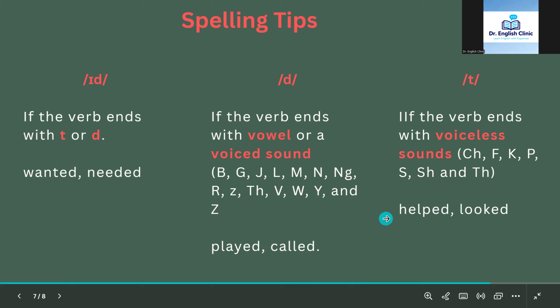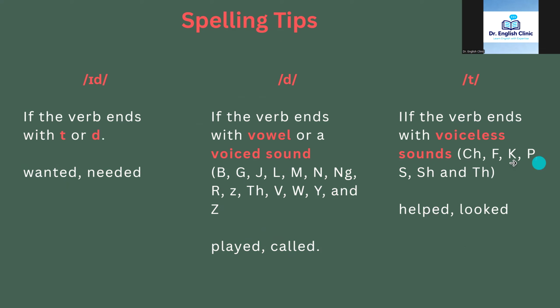Now, if the verb ends with voiceless sounds, and these sounds that you see here are voiceless, in this case, we pronounce it as t, like helped, looked, asked, okay? I know many students say looked or helped with the wrong ending.